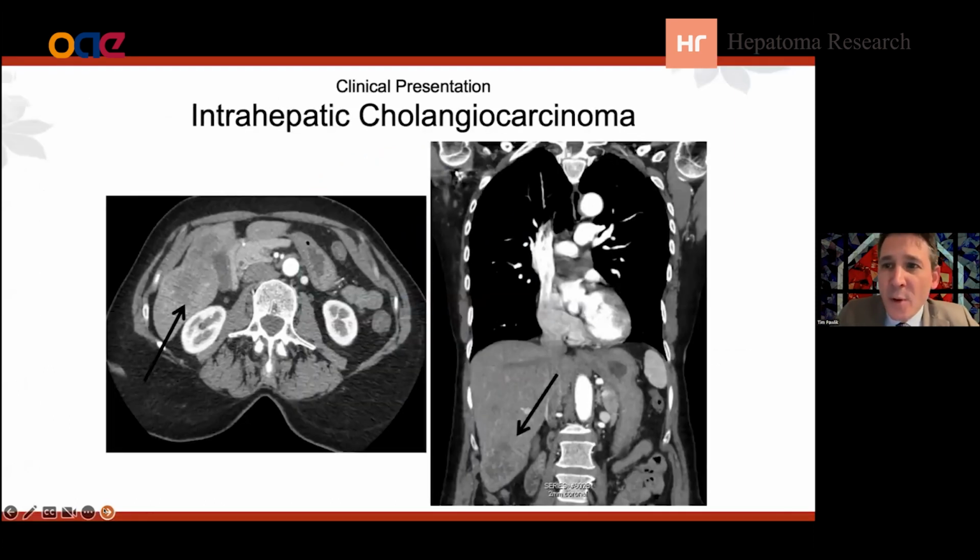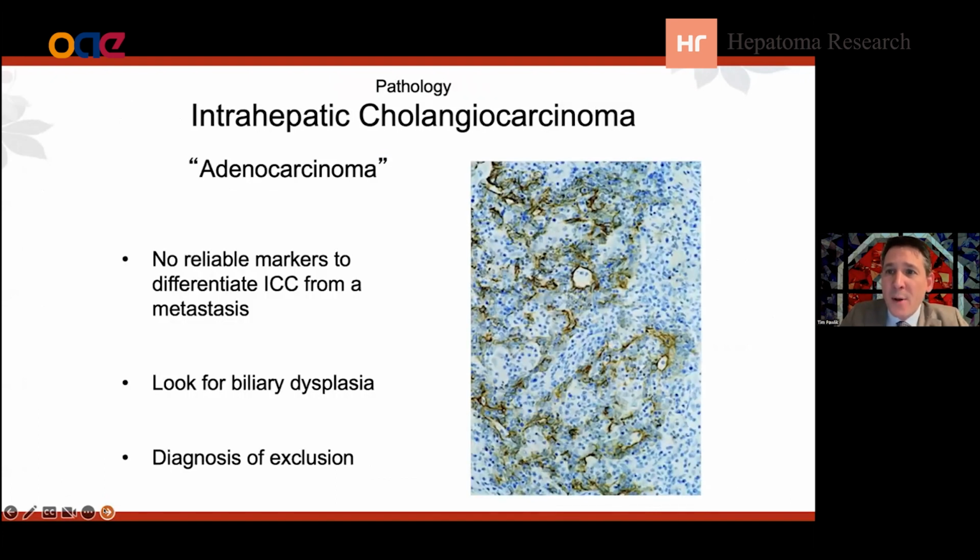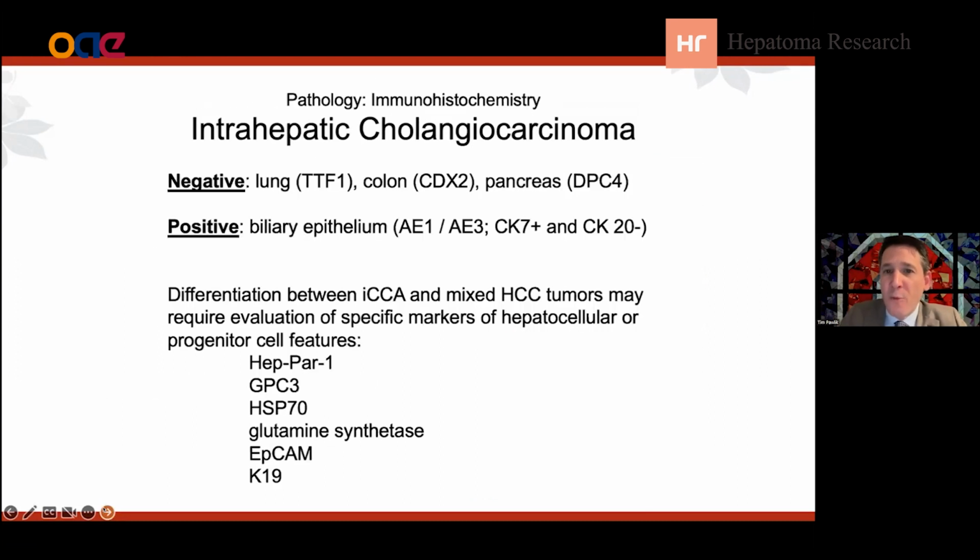So as most of you know, intrahepatic cholangiocarcinoma is increasing in incidence worldwide. Many patients will present like this with an asymptomatic mass in their liver. And when they do, frequently this mass will be biopsied. What the pathologist looks for when examining this biopsy is evidence of dysplasia, and also performing an immunohistochemical stain to rule out possible other primary adenocarcinomas such as lung, colon, or pancreas.